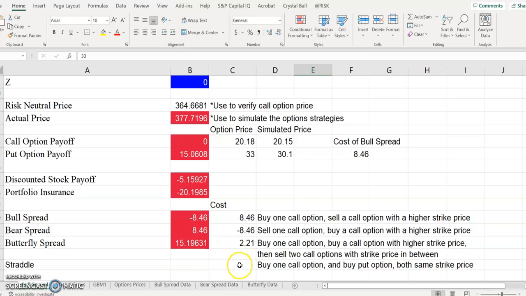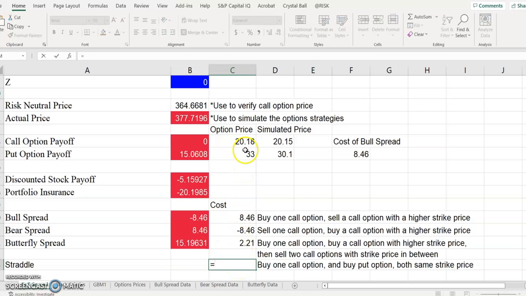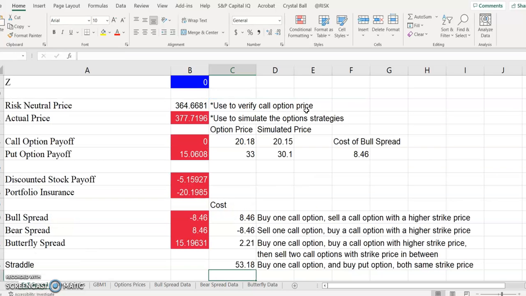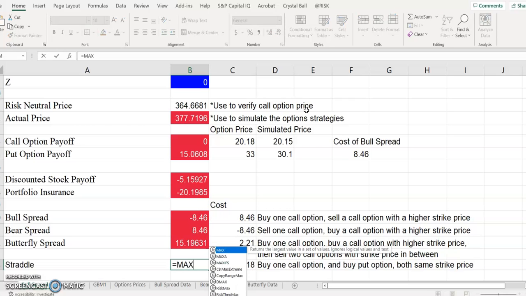It's an expensive strategy, so we have to buy both options. So we have to pay 20.18 for the call option, and in this case, the put option is 33. So it's going to be an expensive strategy. Now, let's calculate first the payoff for the call option.